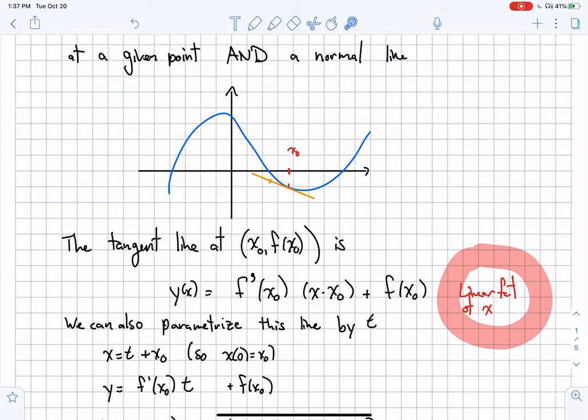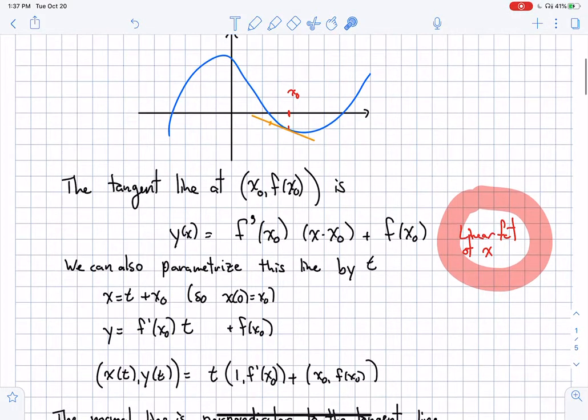Now, that's the line when it's parametrized by x. We can also parameterize it and write it in terms of direction, like what we did in space. So I need a direction and a reference point.